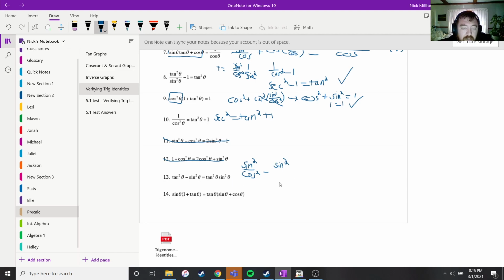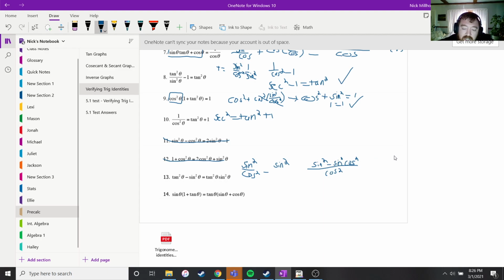In order to subtract these, you need a common denominator, so multiply this and we're going to have sine squared minus sine squared cosine squared over cosine squared.